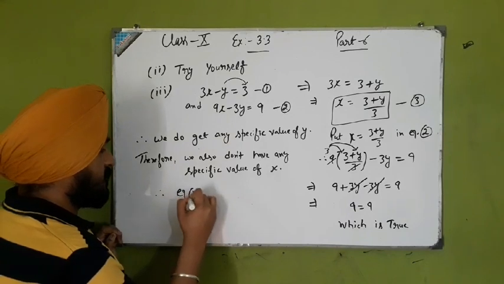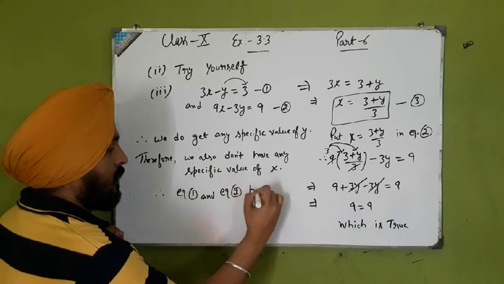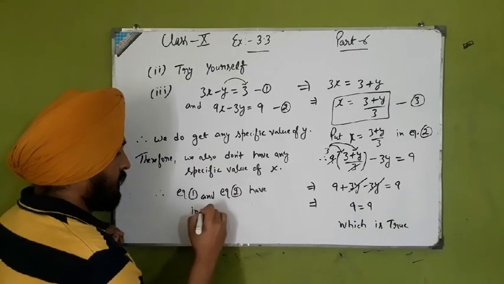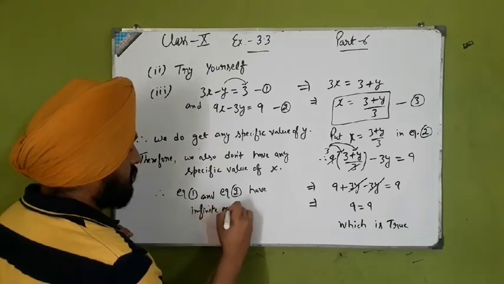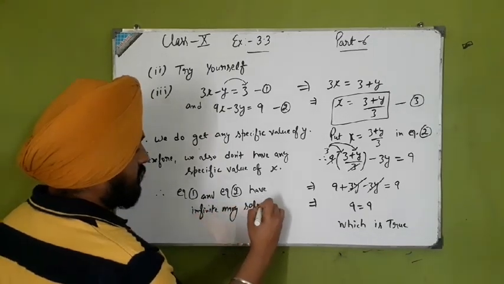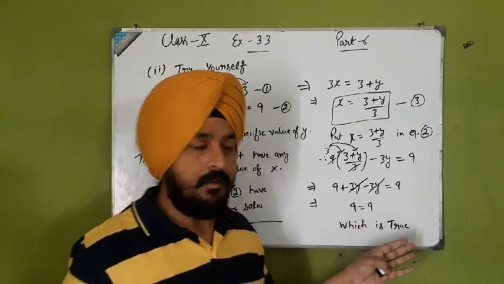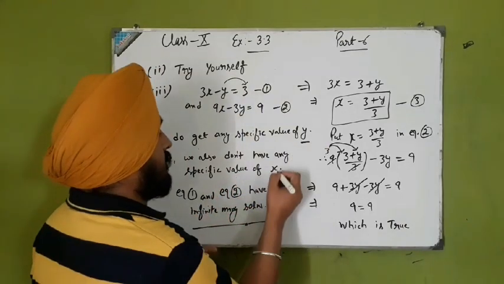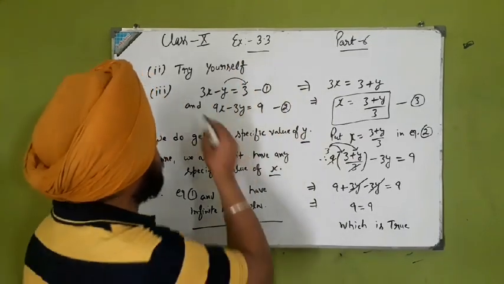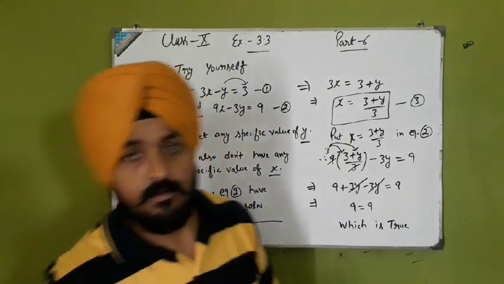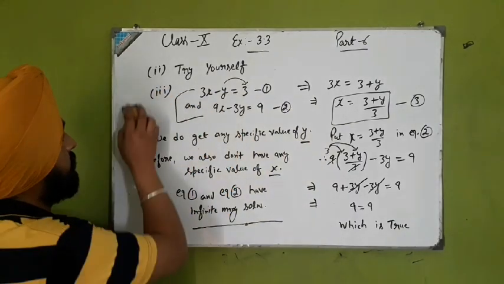Therefore, equation 1 and equation 2 have infinitely many solutions. Understood? When there is not any specific value of y as well as x, there are infinitely many solutions of this pair of linear equations. Clear? Now look at the next part, that is part number 4.